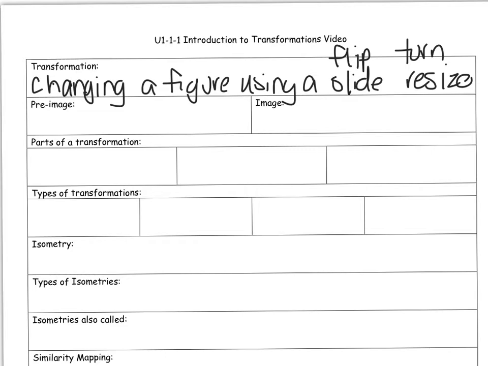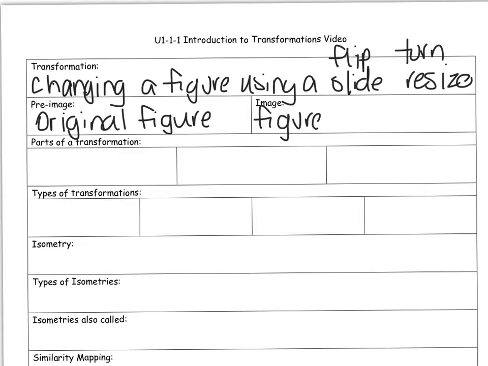The preimage is the image we're starting out with, so that's the original image, or the original figure. And the image is the figure after the transformation, whatever that transformation may be.